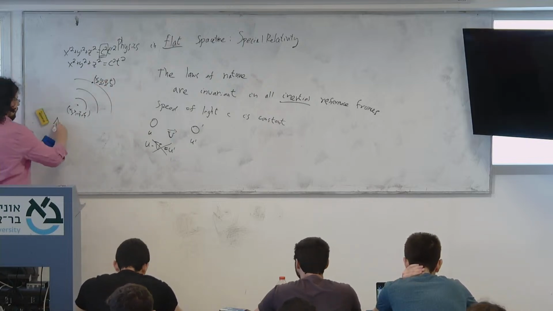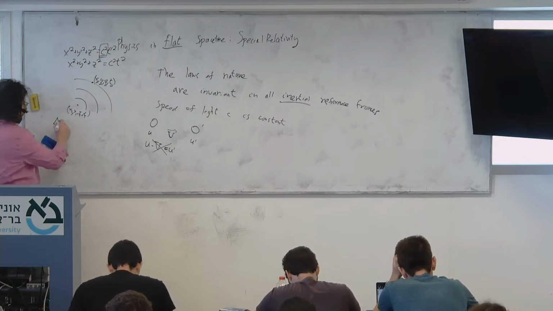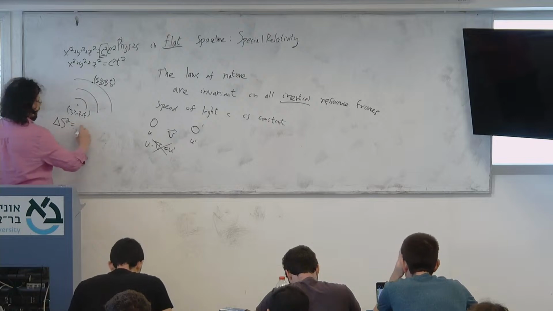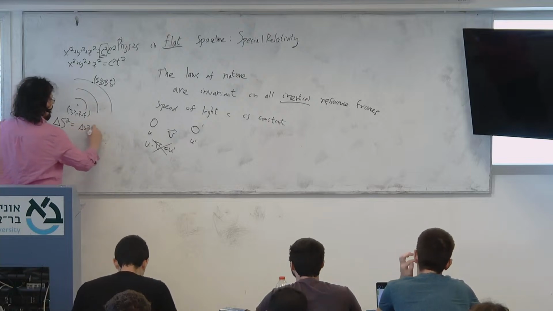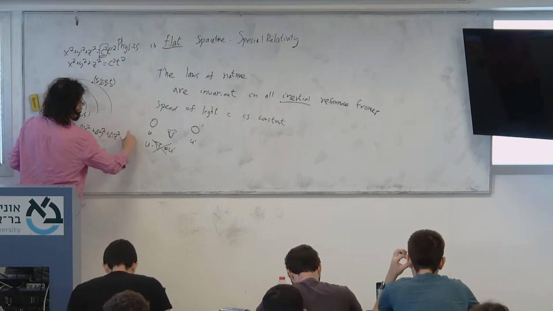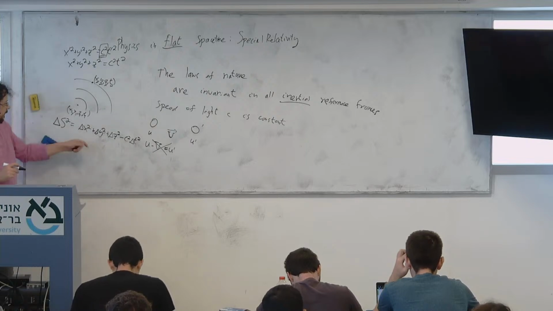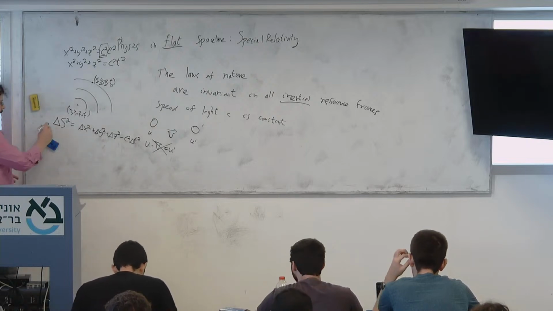Then the interval will be conserved. So this will be delta x squared plus delta y squared plus delta z squared minus c squared delta t squared. This is called the interval squared.